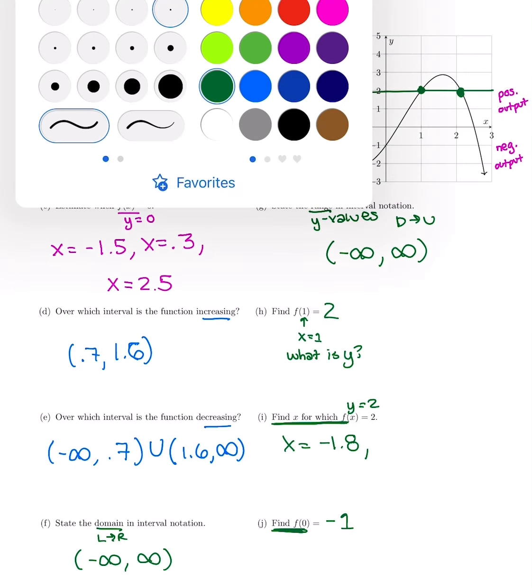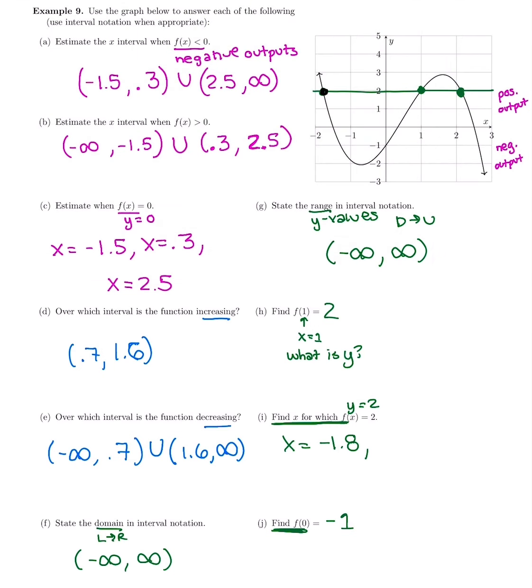Our next y value of 2 comes from x equals 1. And then our last y value of 2 comes from x equals maybe like 2.1. So we have 3 x values that correspond to f of x equals 2, or y equals 2.